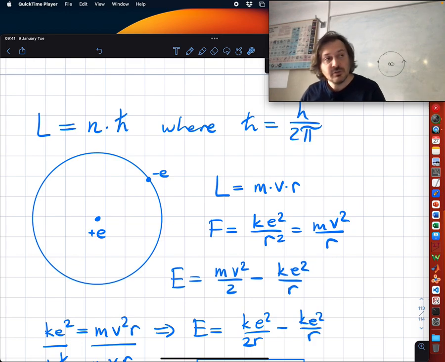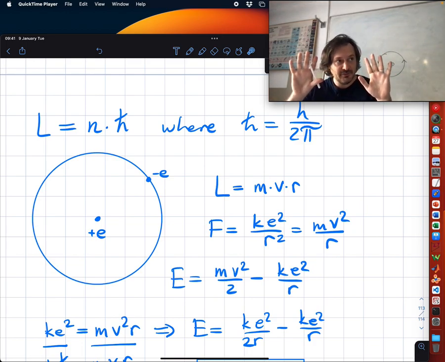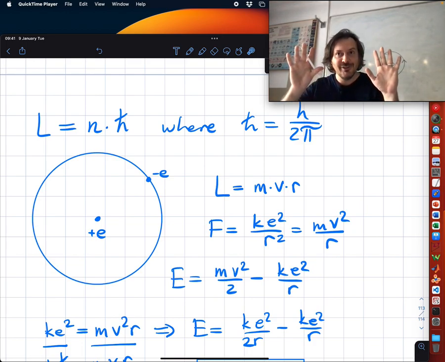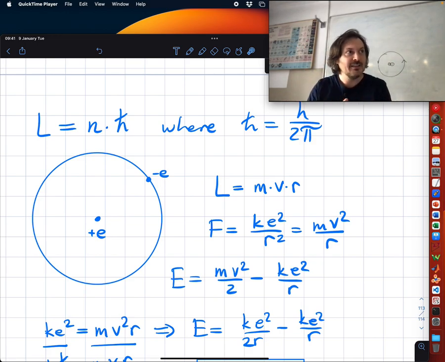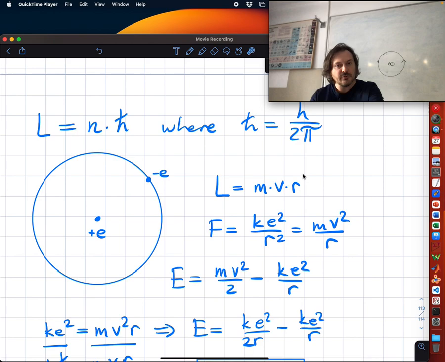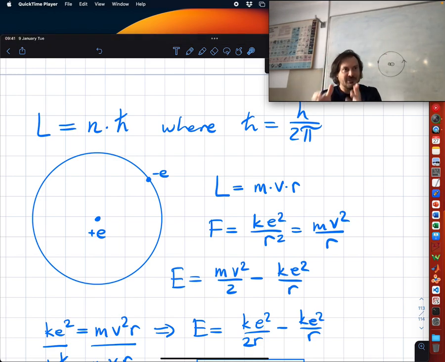If you assume that this is a wave, you have to wait 15 years for de Broglie to come out and say, guys, do you remember light was a particle? Yes, we remember. Do you remember light was a wave? Yes, we remember. Do you remember Einstein said that light is also a particle? Yes, we remember. Do you remember that the electron is a particle? Yes, we remember.